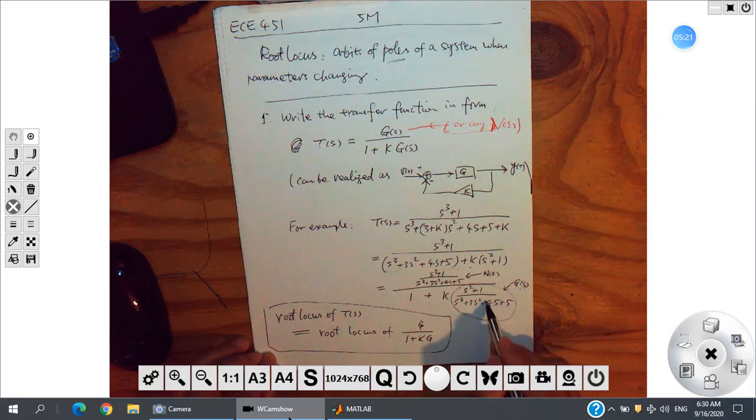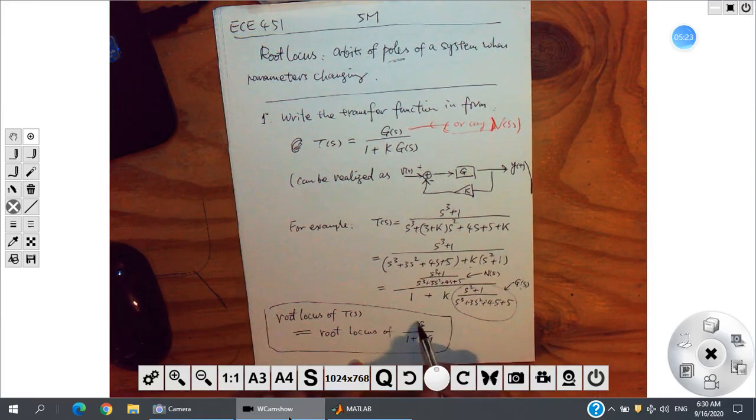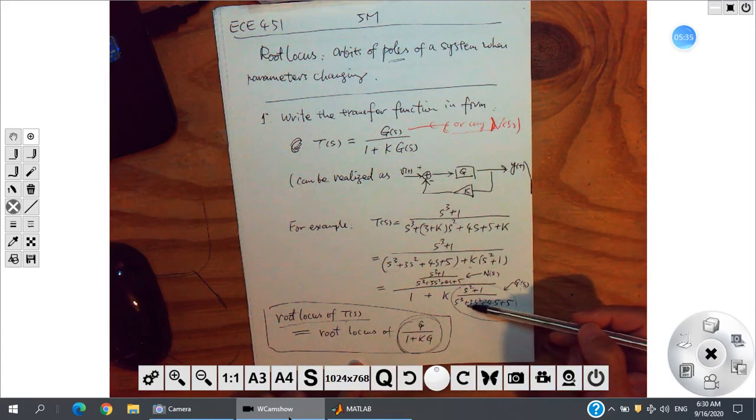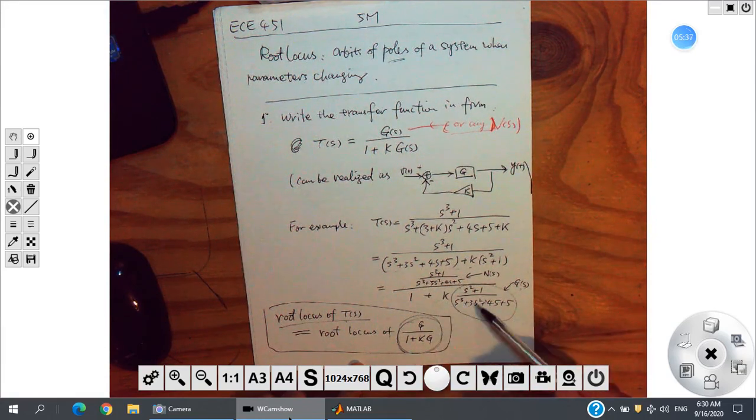G is this one. So we can study the root locus of these. That is totally the same as the root locus of T of S, because they have the same denominator. The poles are related to the denominator equal to 0.